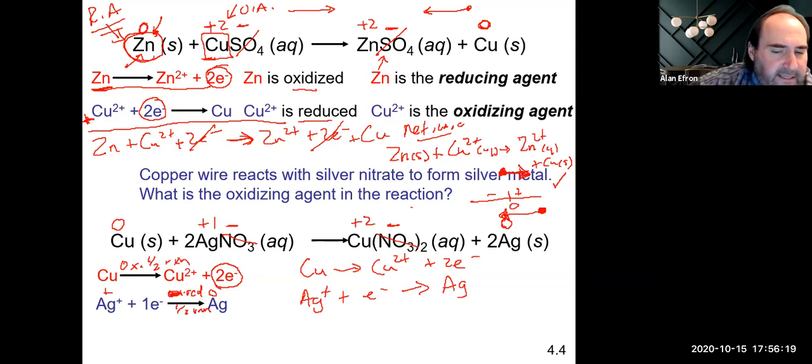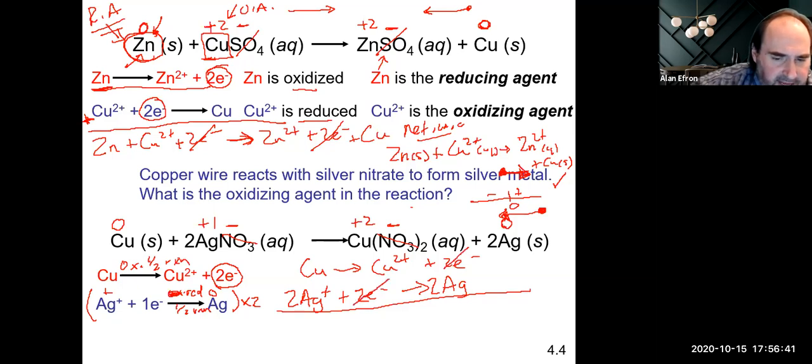Before we could add these together, because we do not have the same number of electrons in each, we do need to multiply the silver half reaction by 2. And if we do that, we will get 2, 2, and 2. And that will cause those electrons to cancel out, which you need to always happen. So electrons should always cancel out.